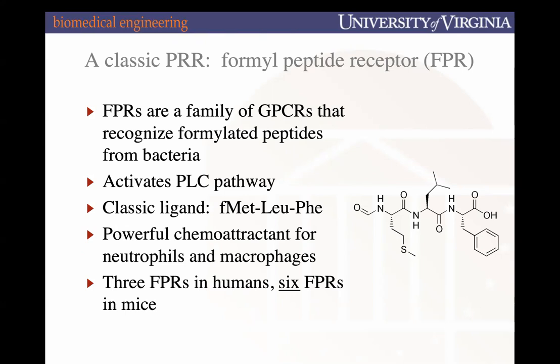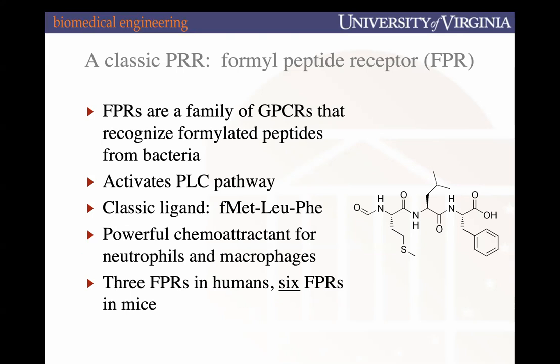Again, this is a virtual asterisk of how we are different from pathogens. In many bacteria, their methionine is formylated. Ours is not. So that is one way in which our immune system has identified how our peptides are different from peptides of a pathogen. And so the formyl peptide receptor binds to formylated methionine, leucine, and phenylalanine.